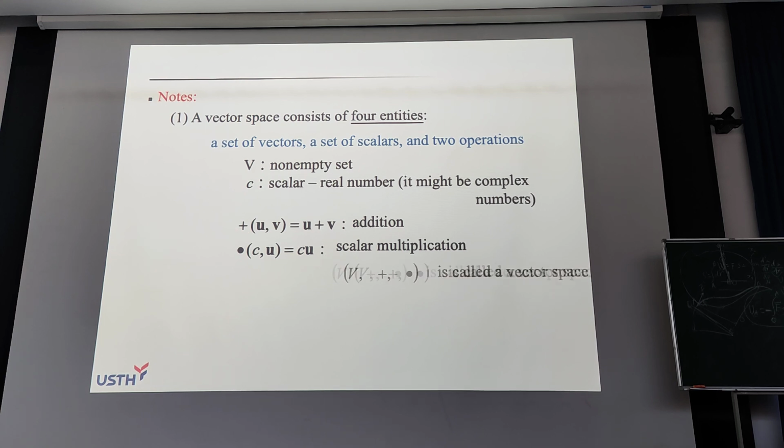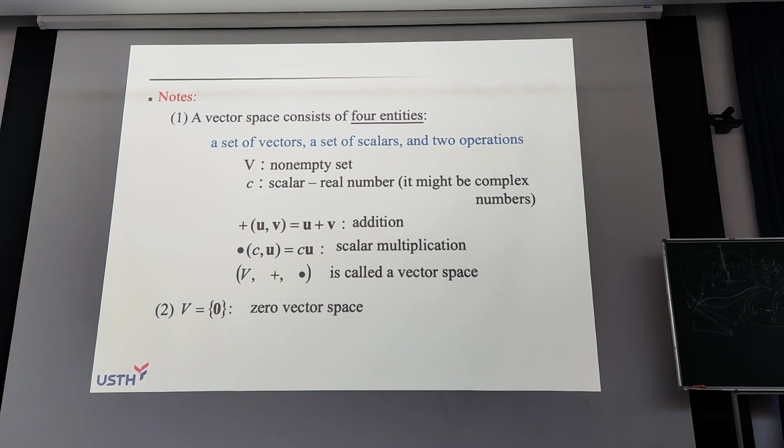Then V together with the 2 operations will be called a vector space. It becomes a vector space. And an example is here. The smallest, the easiest example is that one. V consists of only one element. Ví dụ dễ nhất của đó là cái không gian vector V chỉ gồm có một phần tử.